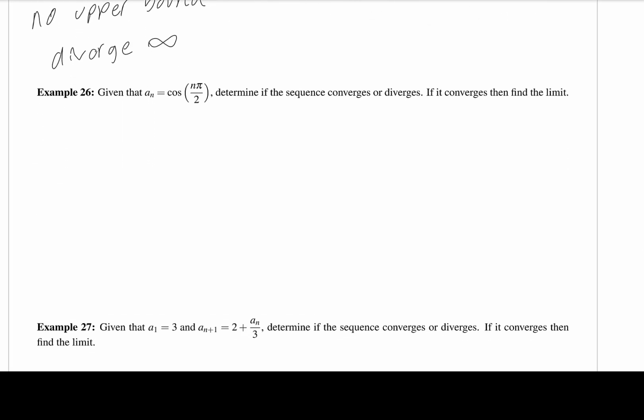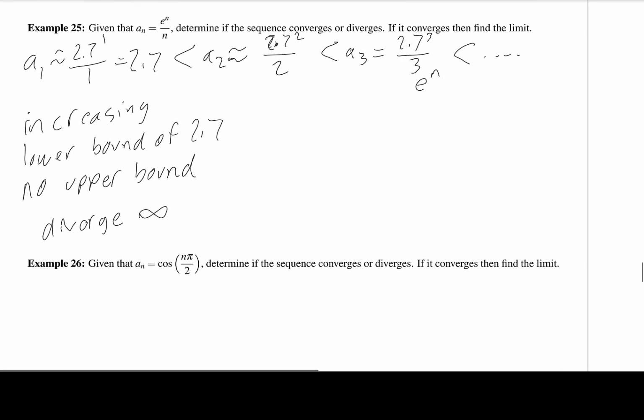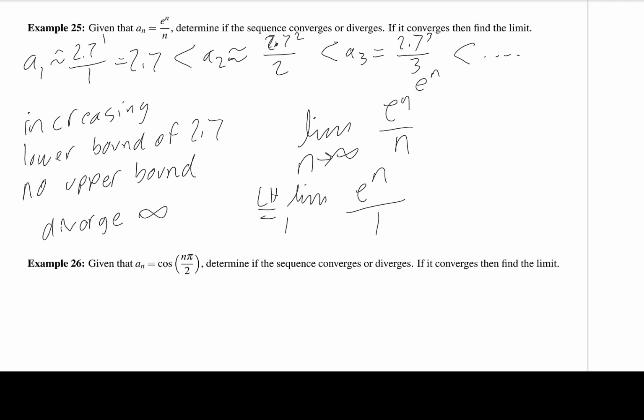Another mathematical way of looking at that, we could have taken the limit as n goes to infinity of e to the n over n. If we apply L'Hopital's rule, this would give us the limit as n goes to infinity of e to the n over 1. So we'd get infinity.